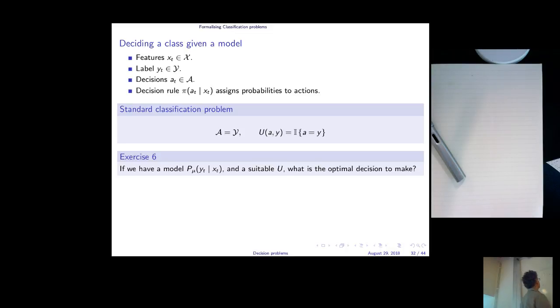So this is an expectation. How do we write it? Over the thing that we don't know, that is random, which is the label y.